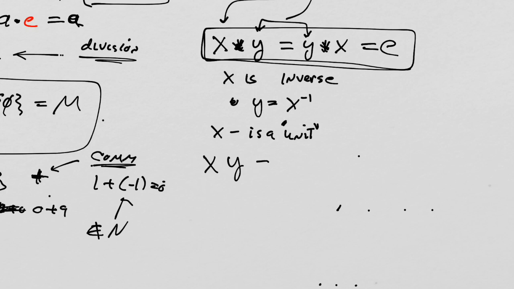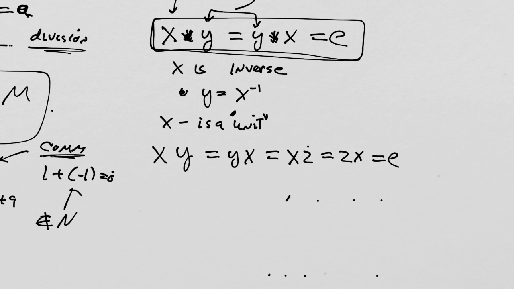So XY is going to equal YX. Imagine that there was a different Y that satisfied the same property, that there was a second inverse. So that would mean that there's some other member of the monoid out there, Z, with XZ equals ZX, and all of this equals E, right?